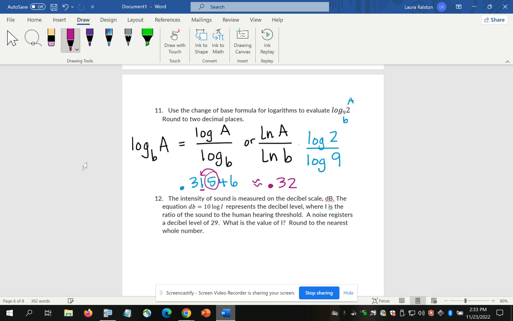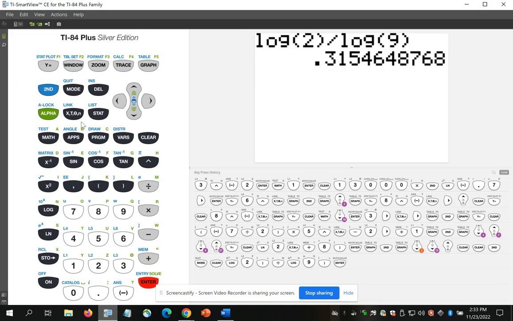Now, some of you may have that nice fancy calculator like the TI 84 Plus, and again, you can enter that problem directly.